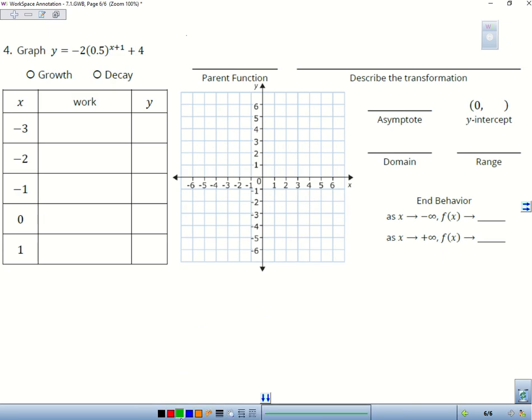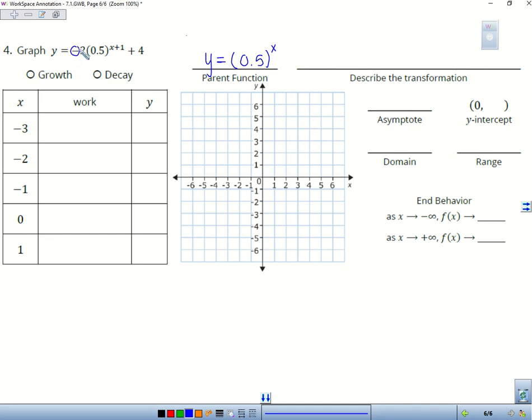All right. We'll go through this one a little quicker. You got it? I didn't plug in all the values that many. Okay, so the parent function is 0.5 to the x, and now we're going to describe the transformation.